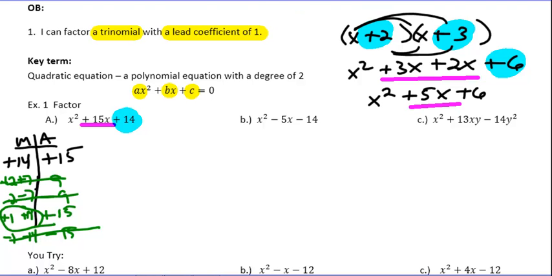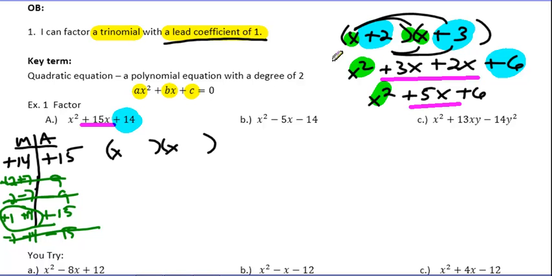There's a long way of doing this and a short way. You'll learn the long way when we do something called AC factoring. But right now, because we have a lead coefficient of 1, I could use a shortcut which basically works like this. We're going to split up that x squared term because the way we got that was we multiplied the first term to get that x squared.